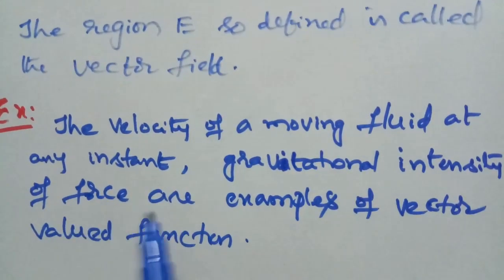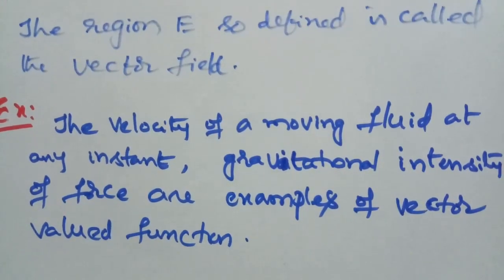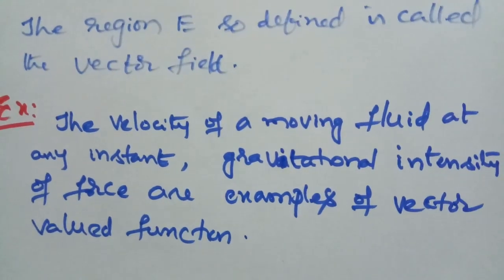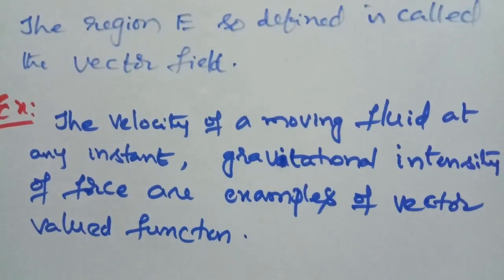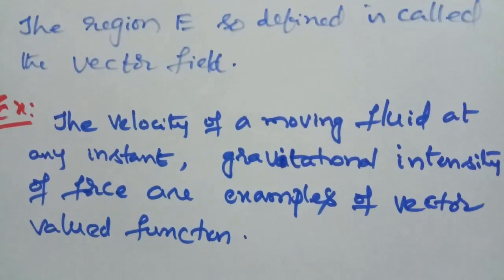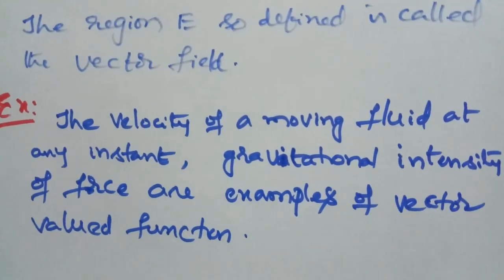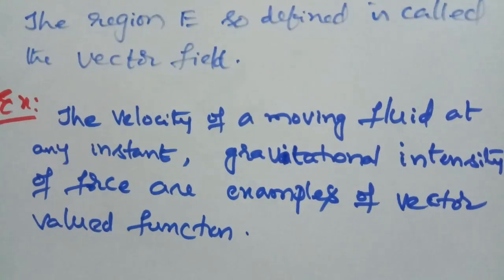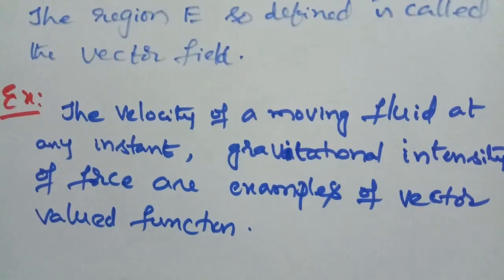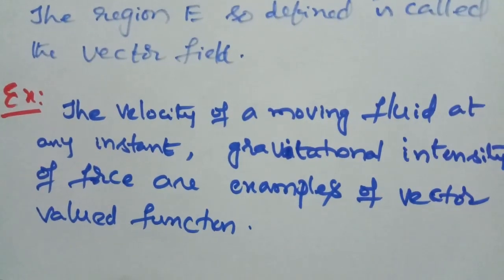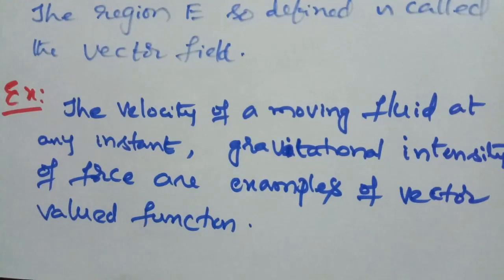These are a few examples of vector valued functions. So function, as I already explained, means that for any value x in the domain, there corresponds one image y in the codomain, such that y is equal to f of x.